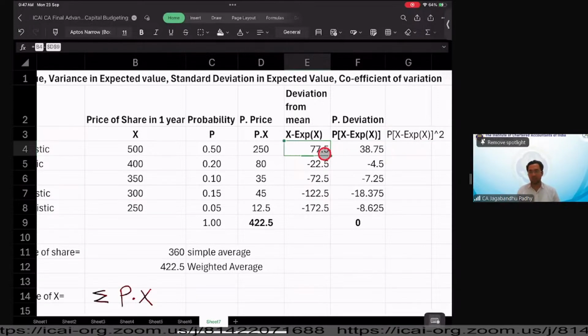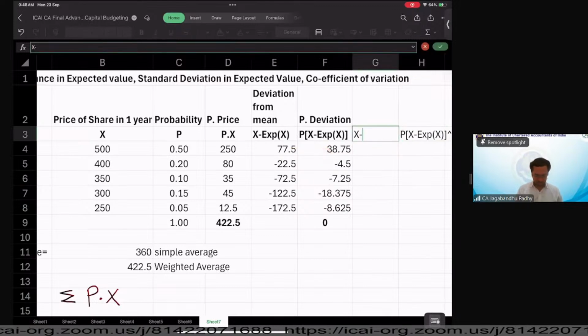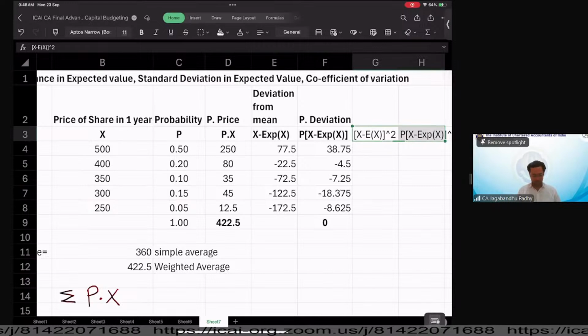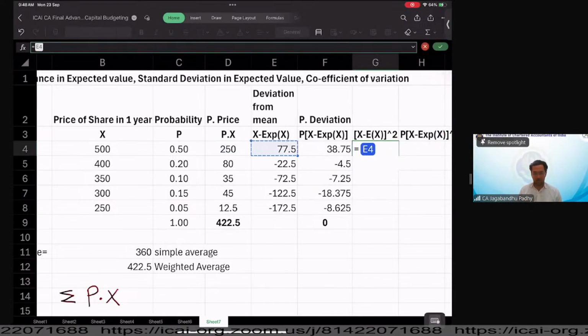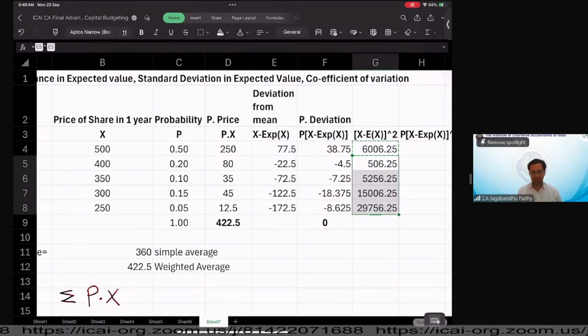Now this term, X minus expected value of X, is getting squared. Now, why do we get it squared? To remove the negative aspect. When I multiply the deviation with itself, we get these numbers.